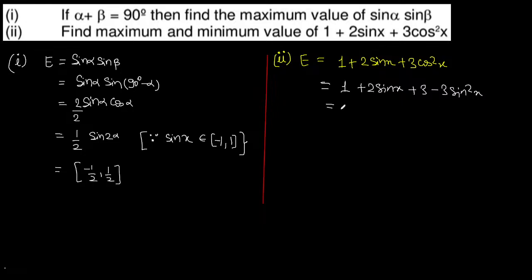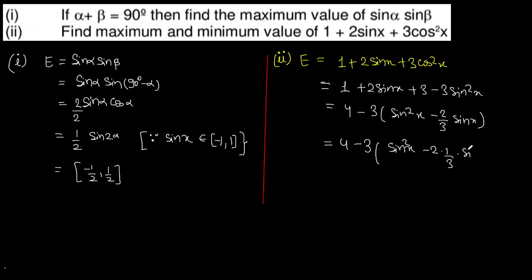Yes, we got 4 minus 3 sin square x minus 2 by 3 sin x. This is 4 minus 3 into sin square x minus 2 into 1 by 3 into sin x.